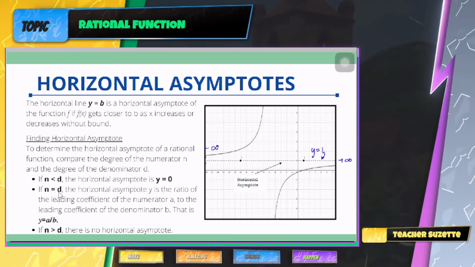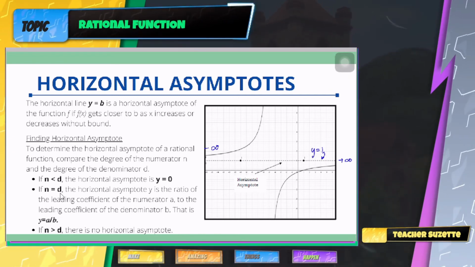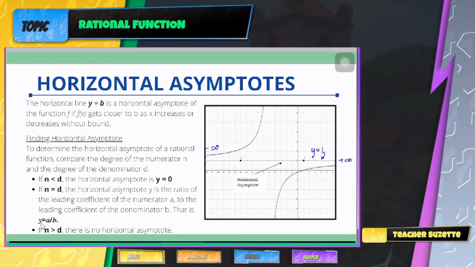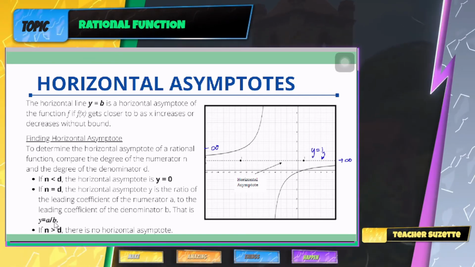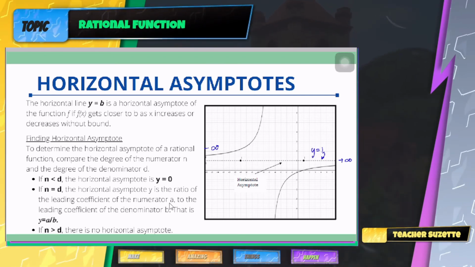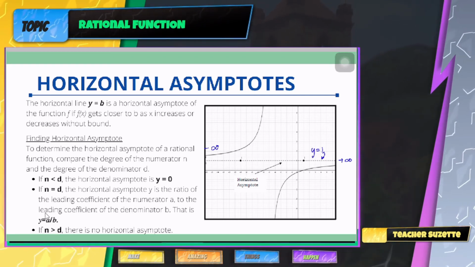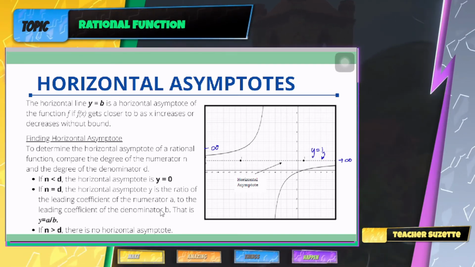So, kapag po equal sila, you will solve for your horizontal asymptote by using the formula y is equal to a over b. What is a and b? Ang a daw po is the leading coefficient of the numerator, and the b is the leading coefficient of the denominator.